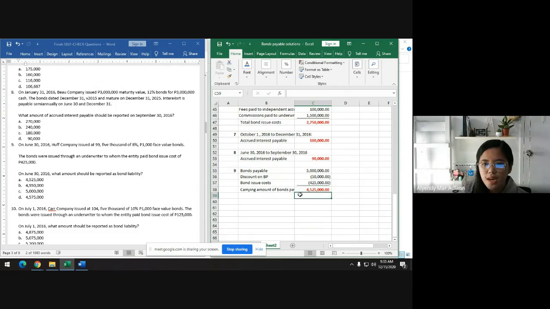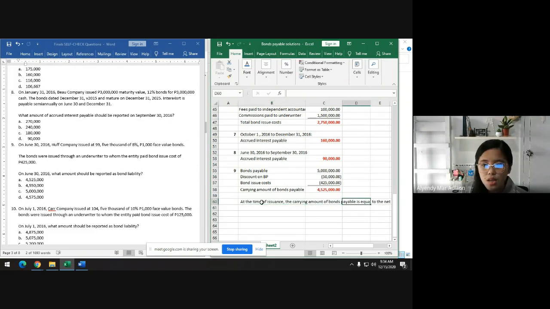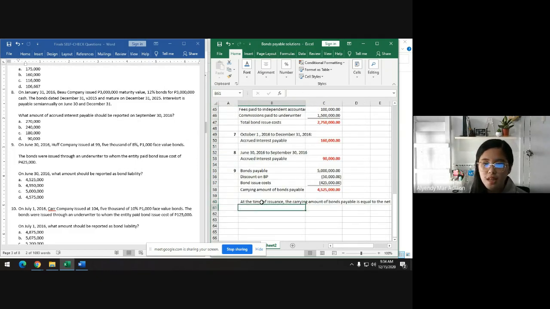Actually, class, at the time of issuance, the carrying amount of the bonds payable is equal to the net cash received, because that is its present value.